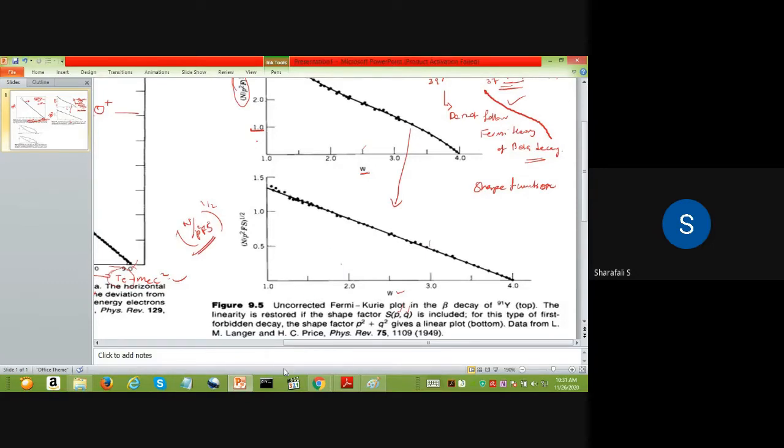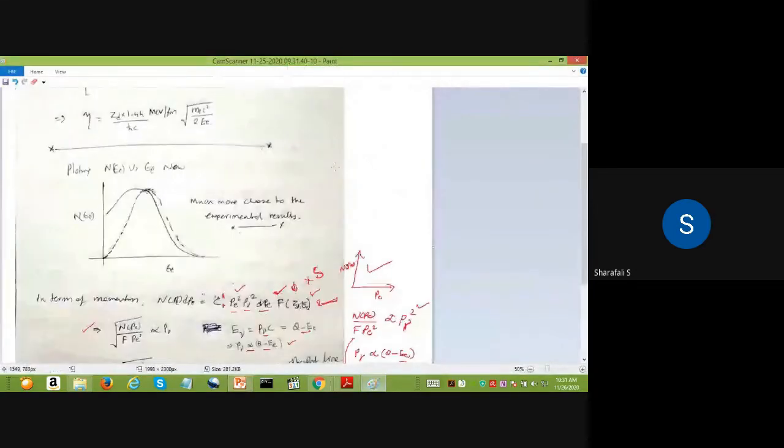So now the Fermi equation will become like this, and if you want, you can write it like this: N of p_e dp_e, in terms of momentum. It will be C dash times p_e square times p_nu square, dp_e, times your Fermi function, which depends on the kinetic energy of the electron.